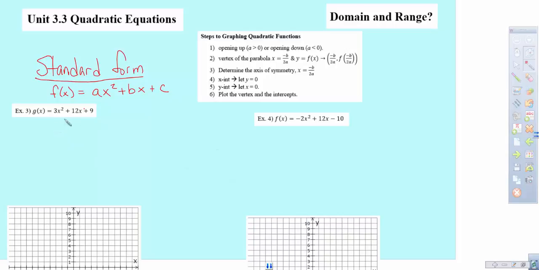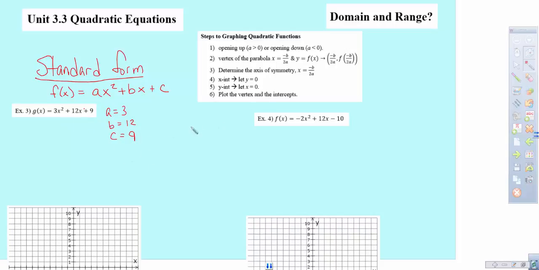We can see here that we have an a, a b, and a c. In our case, a would be equal to 3, b would be equal to 12, and c would be equal to 9. We actually won't use the c in this problem, but just so that we can see that we can pull it out.